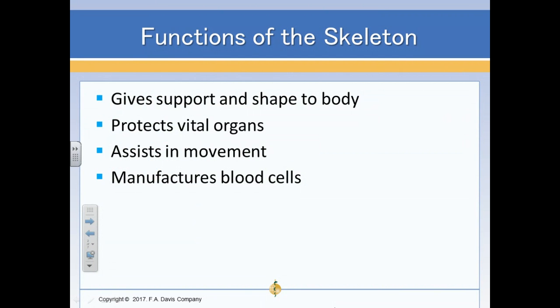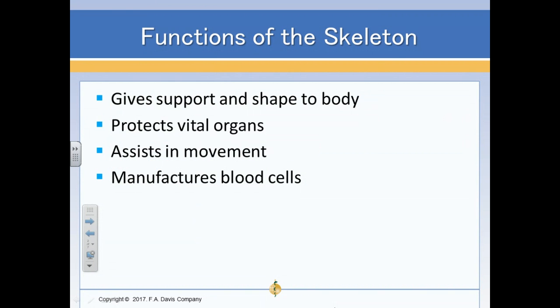So the functions of the skeleton, four main functions in the skeleton. Gives support and shape to the body, protects vital organs, assists in movement, and it manufactures blood cells.